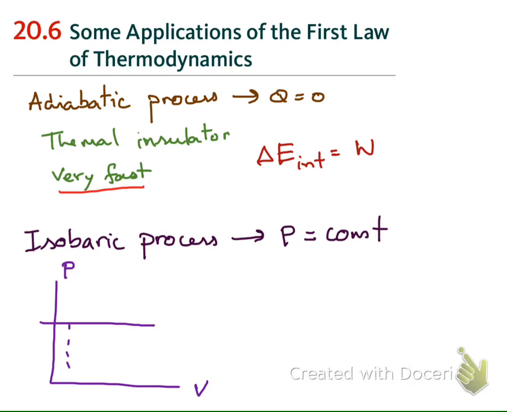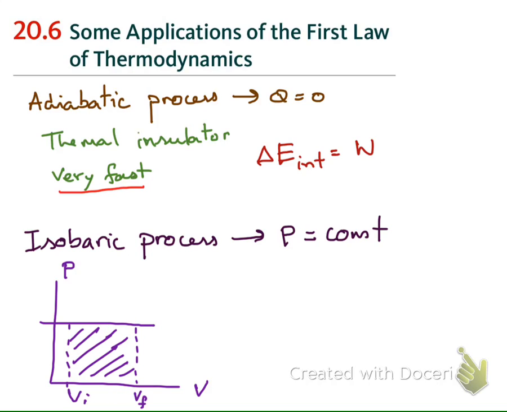If you look at the process where the gas changes from Vi to Vf, we say that the work done on the system is equal to the minus of the integral of P dV, or the minus of the area under the curve.